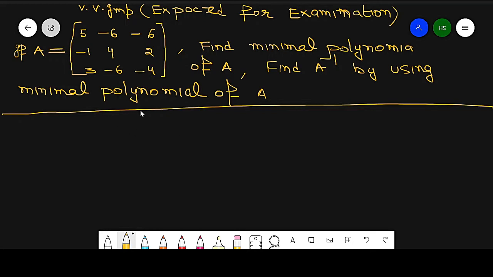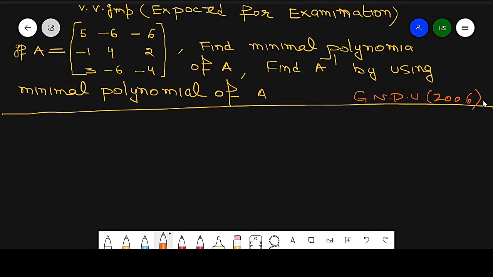Right. Now, here we have two cases. This question was also asked in GNDU 2006.